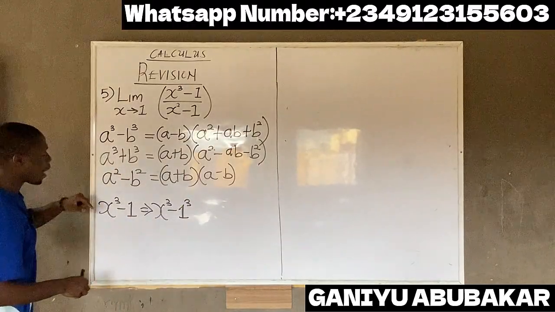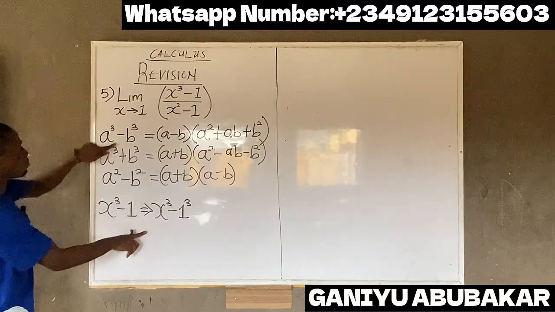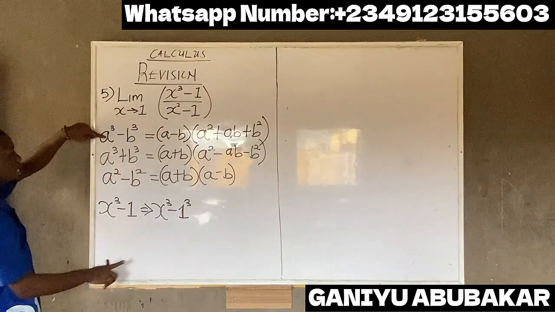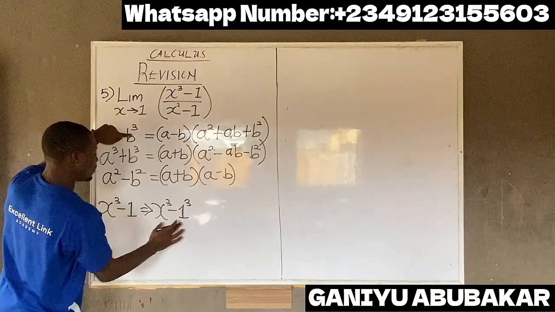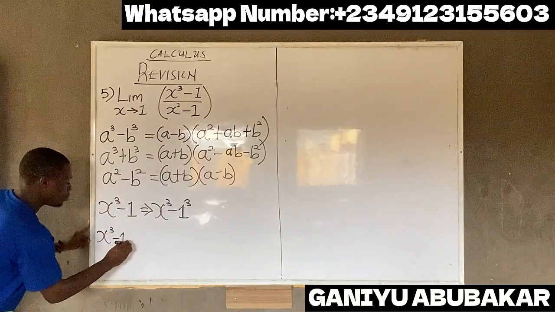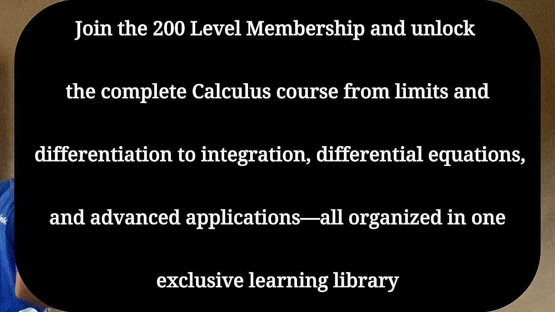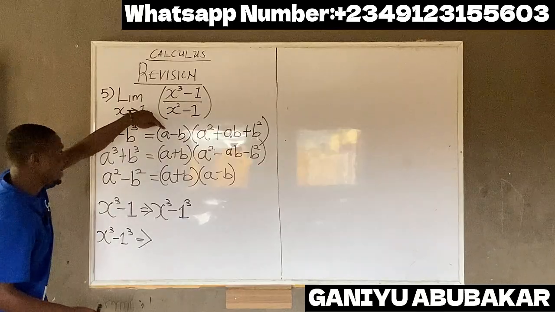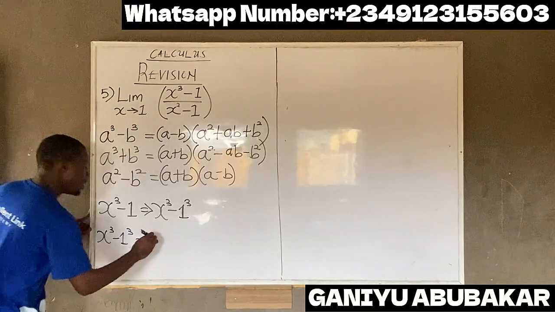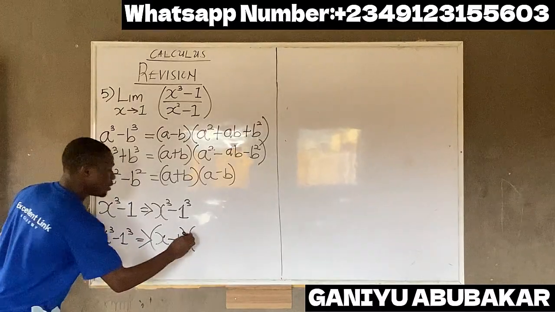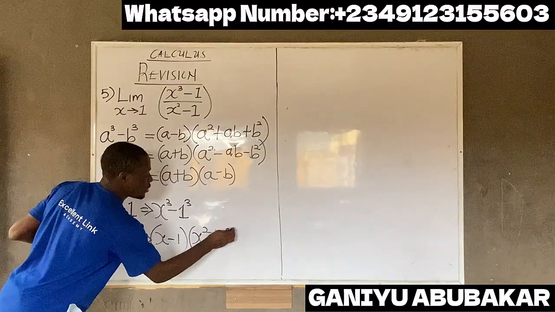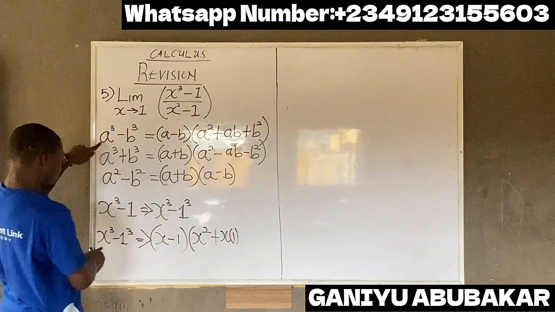Now I will correspond x cubed to a cubed and 1 cubed to b cubed. That is to say, a is x and b is 1.